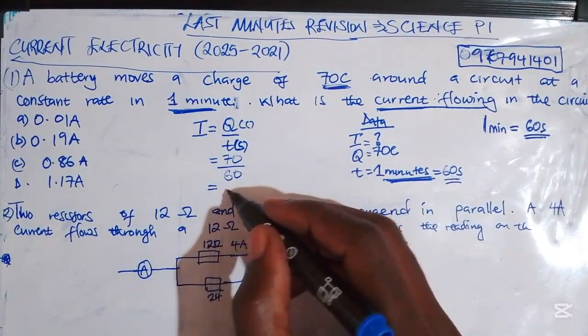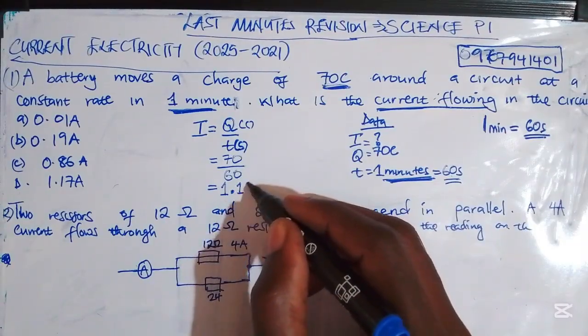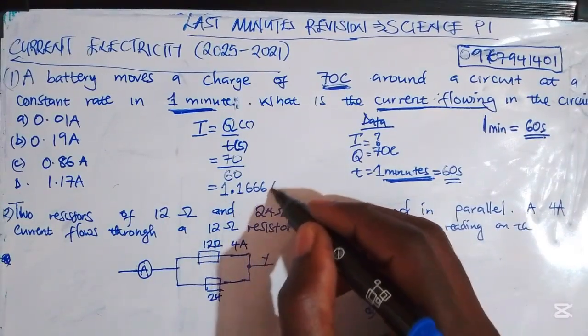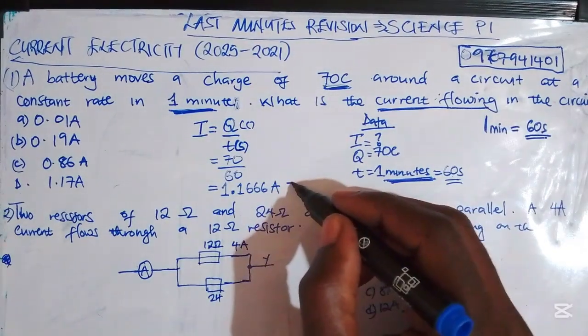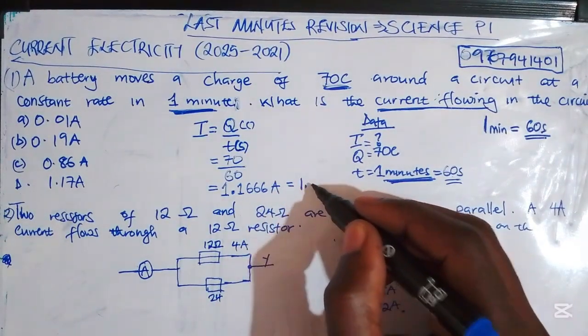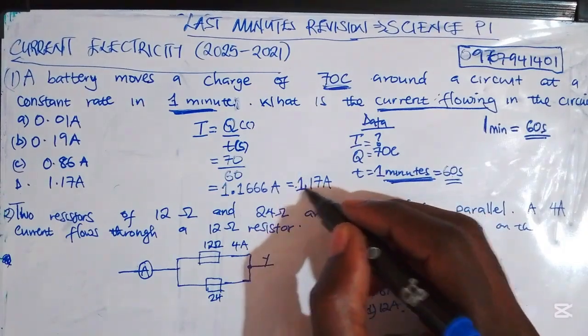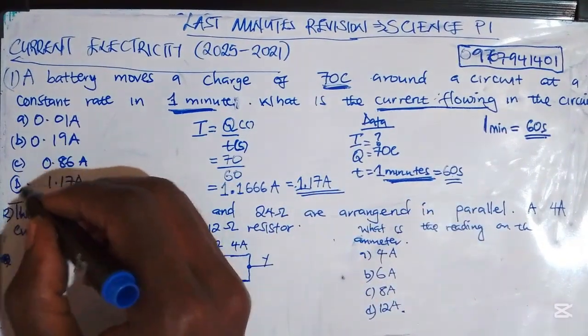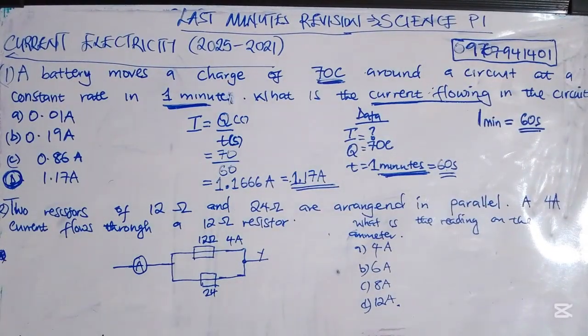If you divide, you find that your answer is 1.1666 amps. But if you round it off to 3 significant figures, you find your answer to be 1.17 amps, which is option D. This is how multiple choice questions in physics are tricky.